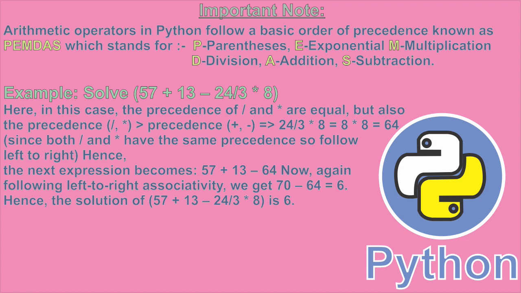Now, again following left to right associativity, we get 70 minus 64 equals 6. Hence the solution of 57 plus 13 minus 24 divided by 3 multiplied by 8 is 6.